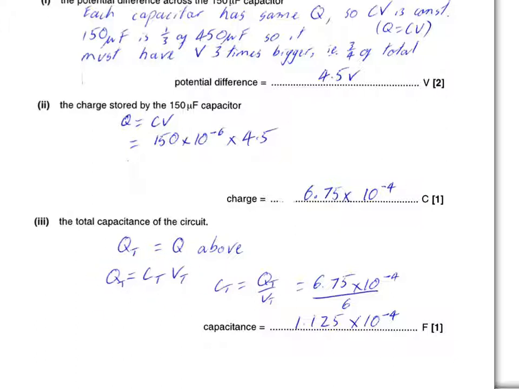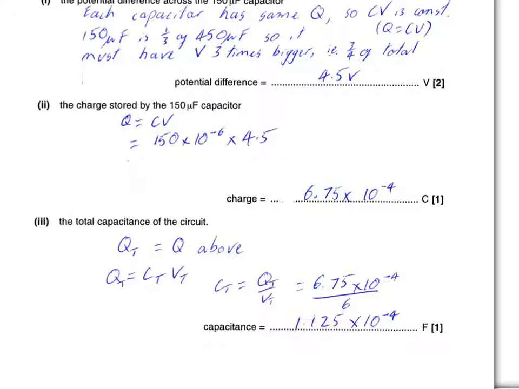Quick rearrange so that I've got the total capacitance is the total charge, which has to be the same as the charge on the 150, divided by the total PD. So I've got the 6.75 times 10 to the minus 4 divided by that 6 volts total PD. I end up at 1.125 times 10 to the minus 4 farads, 125 microfarads.